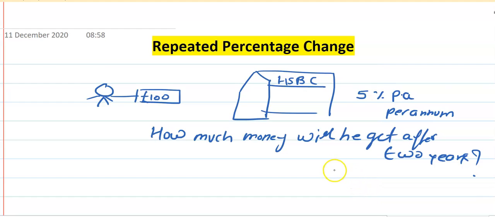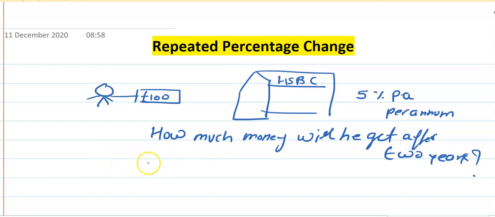So guys, any idea how we can proceed with this question? We find 5% of 100, okay, that's fine. Then times it. Okay, that's fine. So let's see the question step by step.